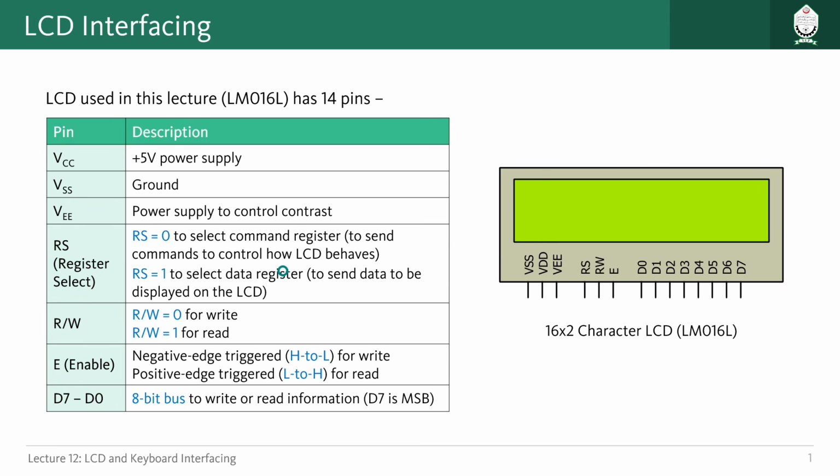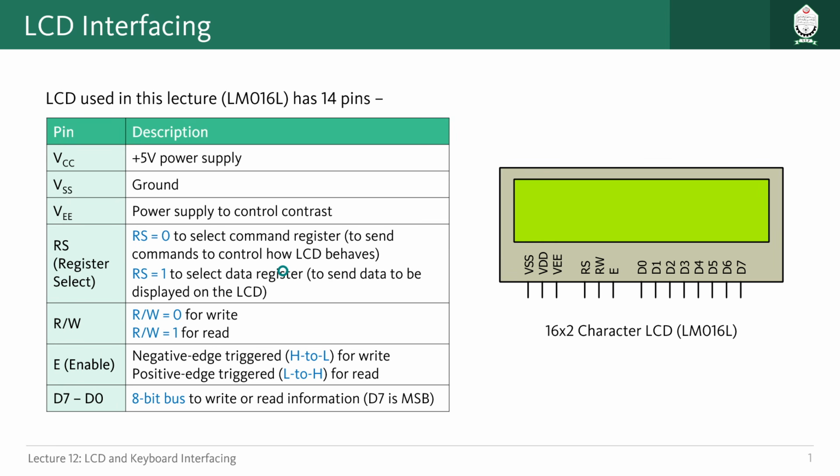Whenever we try to display some characters, we send them through different pins, which we will discuss later on. But somehow they have to be stored inside of our LCD in some memory location, so that it can store that and then display that onto the display. That is done with the help of the data register.